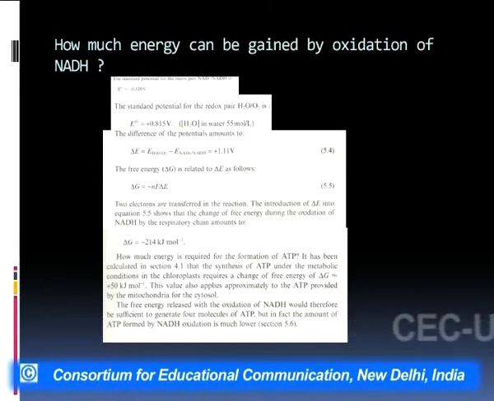Now, this is not a mean difference. A change in so much redox potential would have a lot of energy in itself. If this entire energy were to be released in one step, it would be problematic controlling it. And the free energy which is released is sufficient as per calculations to produce 4 molecules of ATP.